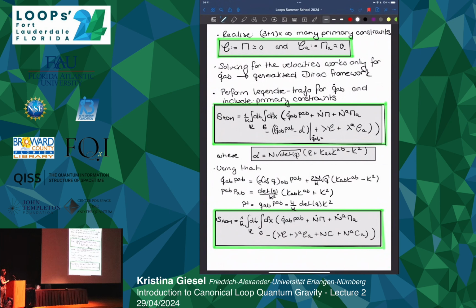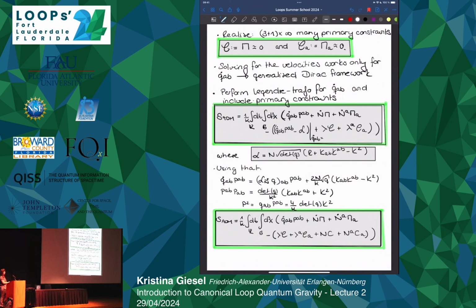Now, if we do this and use that the velocities contracted with its momenta is of this form, that we have a contraction between the two ADM momenta, we can write it in this form here, where we have the primary constraints, and then in addition to that, we have the lapse multiplied by some phase-space function, which depends only on the ADM metric and its momenta.